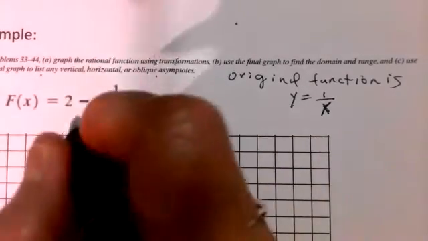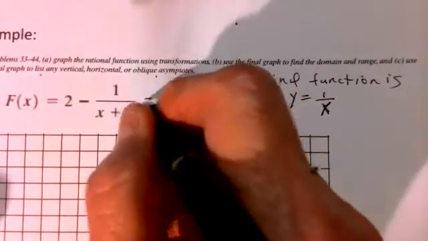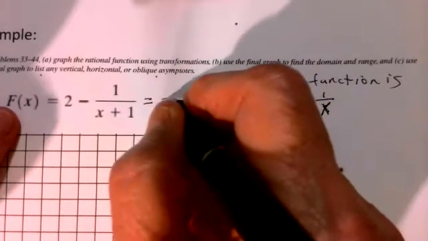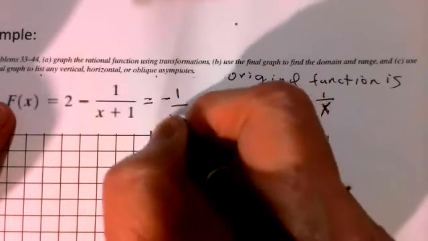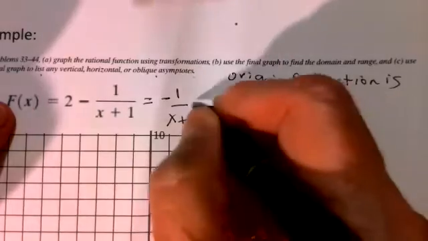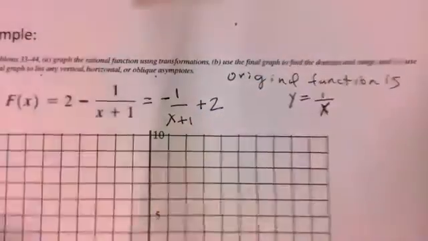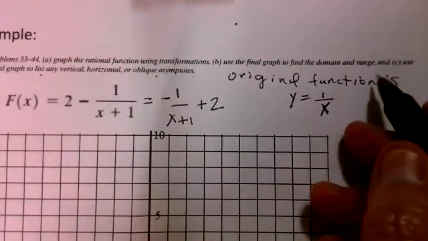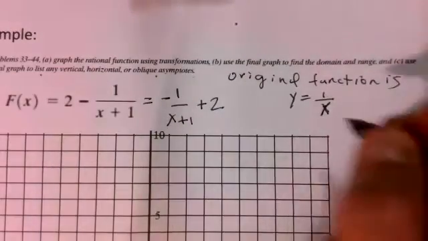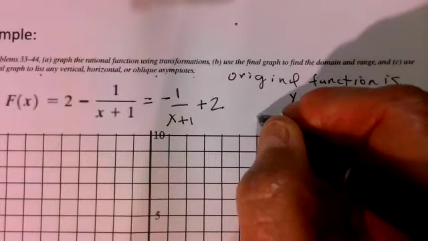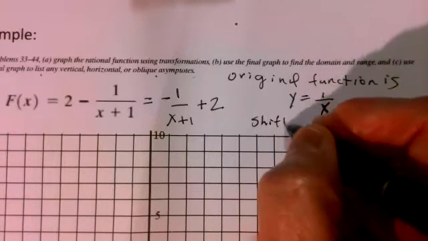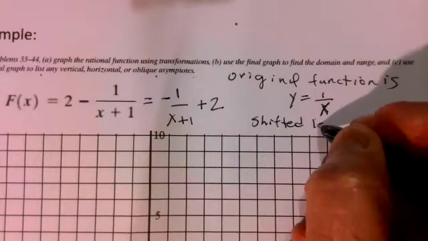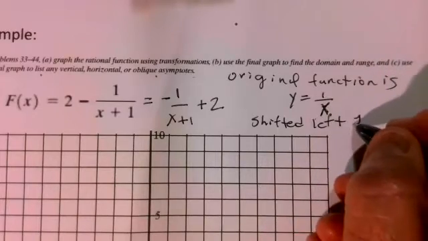So let's rewrite it in this order. Let's write it like this because I think it's better to see what the transformations are written this way. So if we talk about the transformations, it shifted left 1 unit.